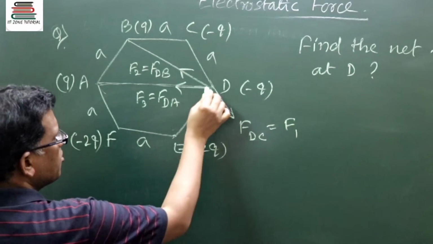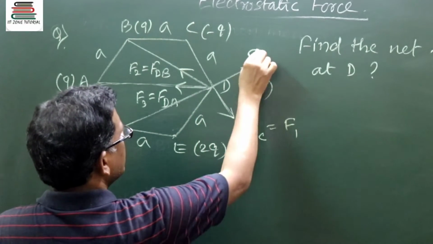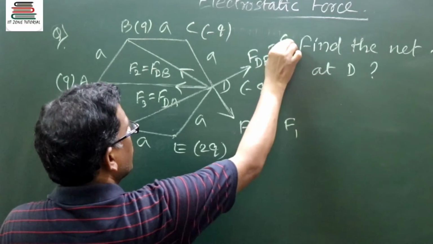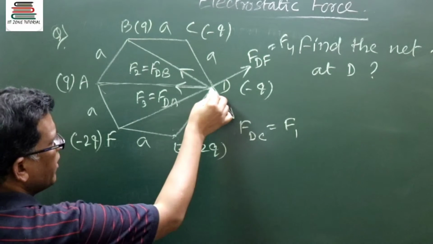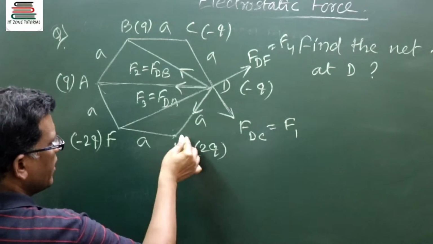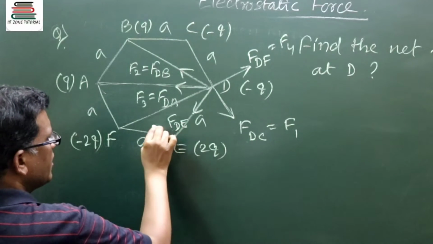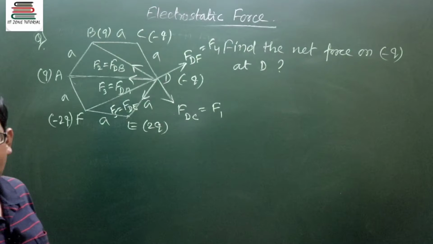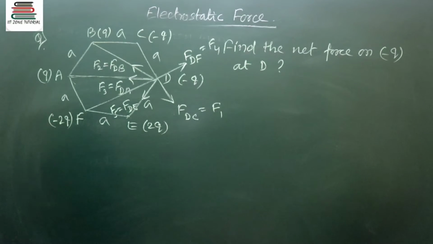Now, here it is minus 2q, minus q, so that will be repelling, it is FDF, let it be F4, and finally this positive will attract negative this way, this is FDE, this is F5.